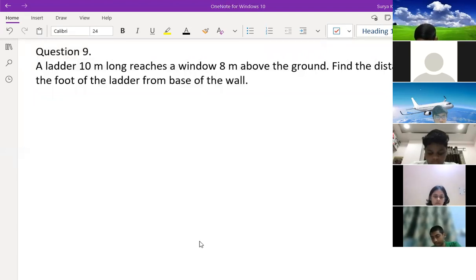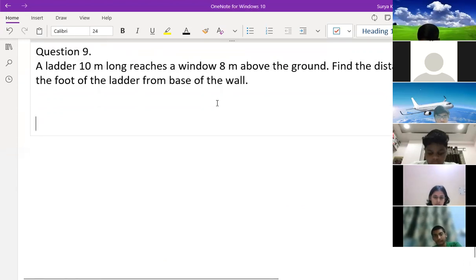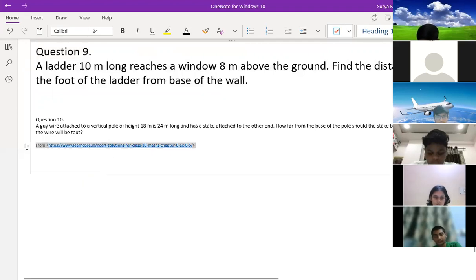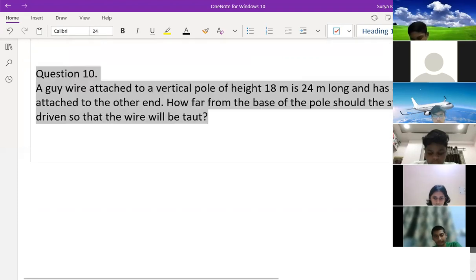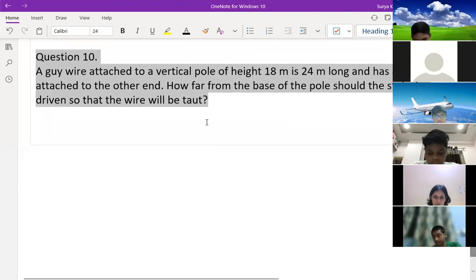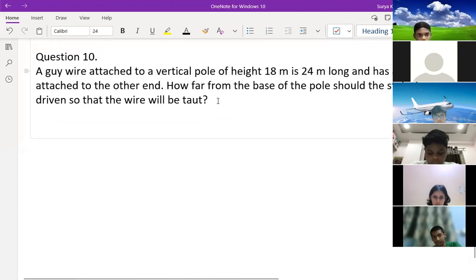Question number 10. A guy wire attached to a vertical pole of height 18 meter is 24 meter long, and has a stake attached to the other end.